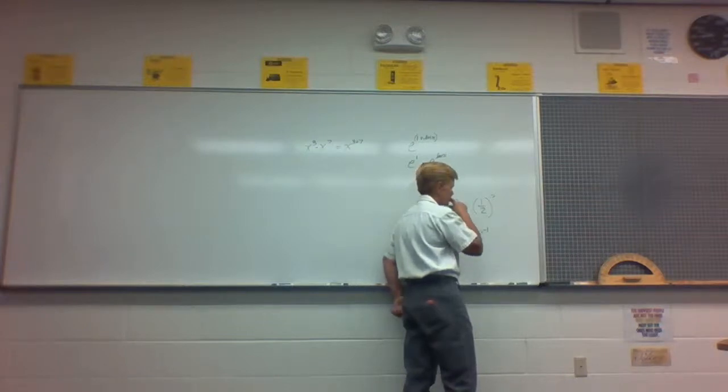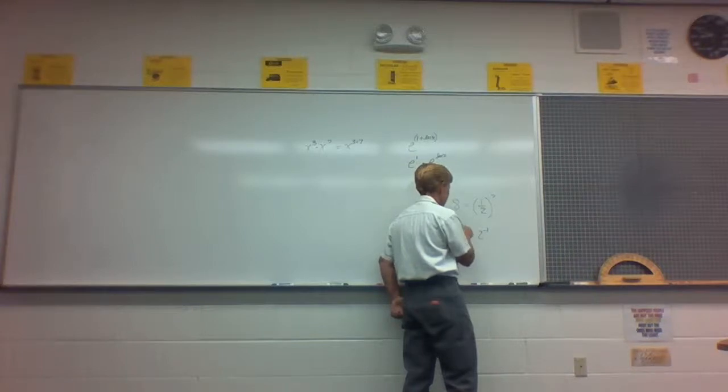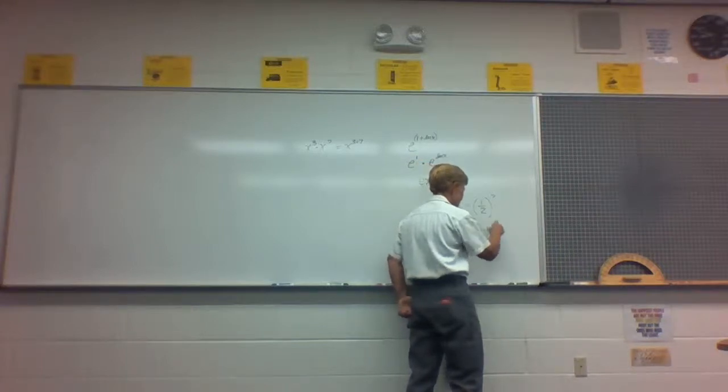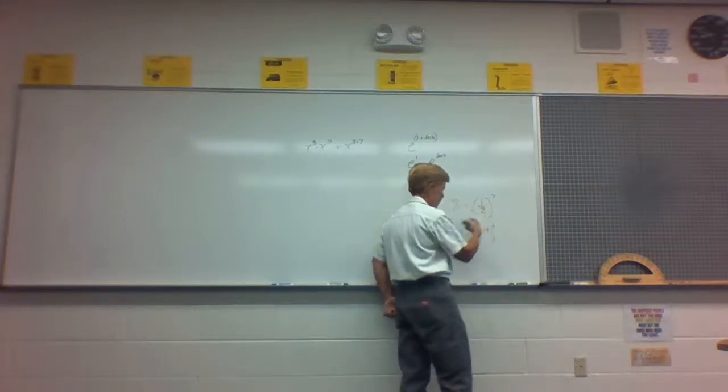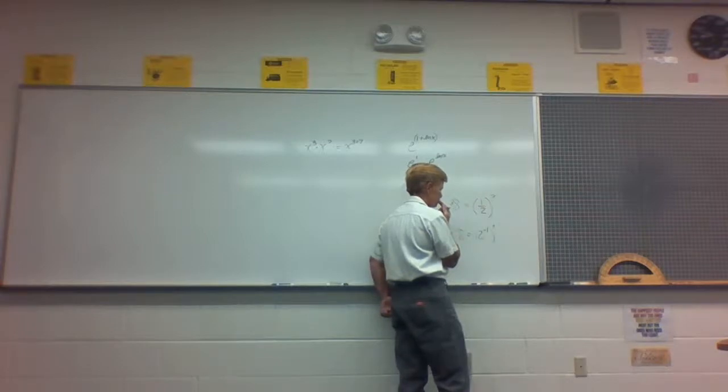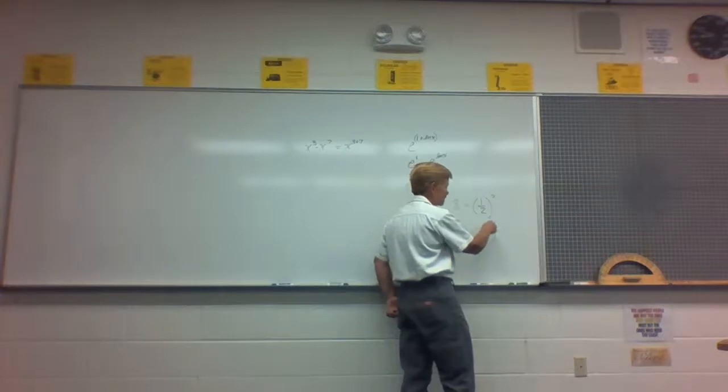Let me see if I got that straight. Take this 1/2, change that to 2 to the -1. So I've got 8 equals this to the something, because I've just rewritten the 1/2. It would be -3, because we need this exponent to be a 3, so that 8 is 2 to the 3rd.